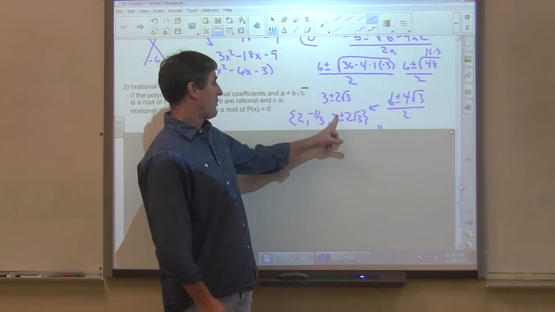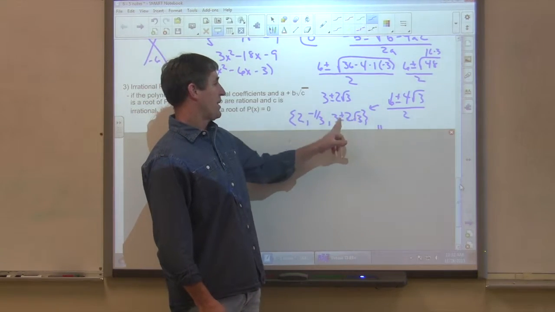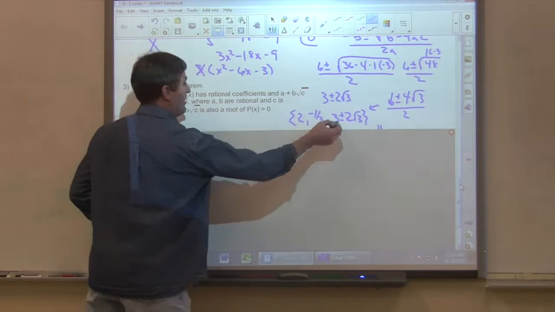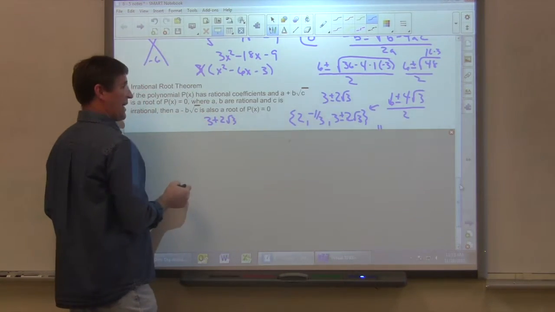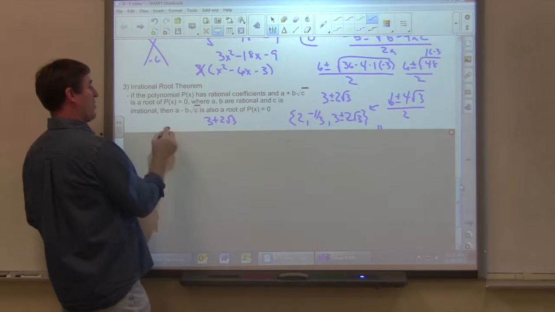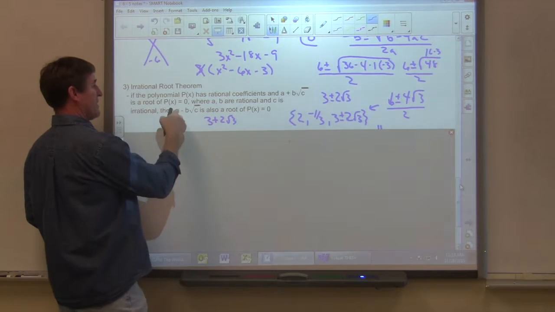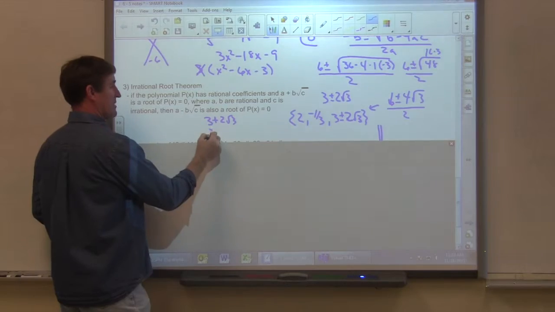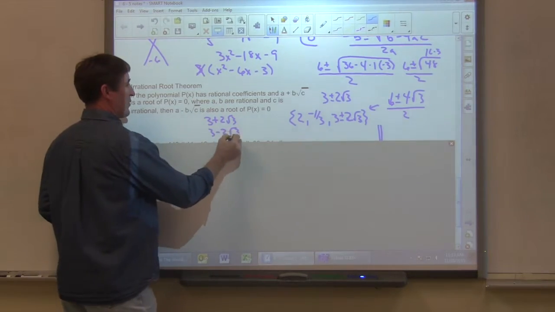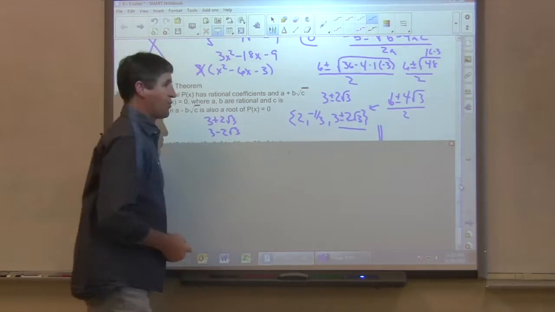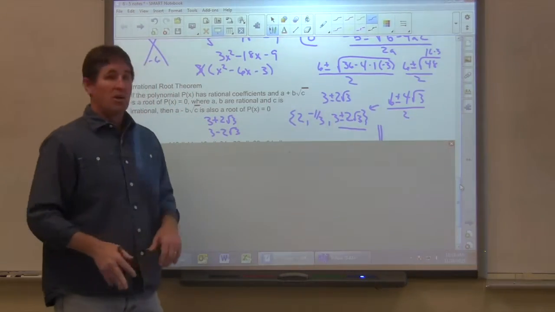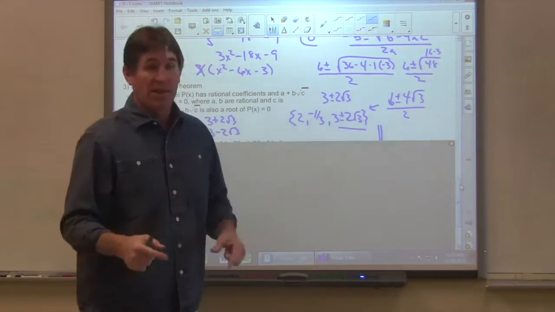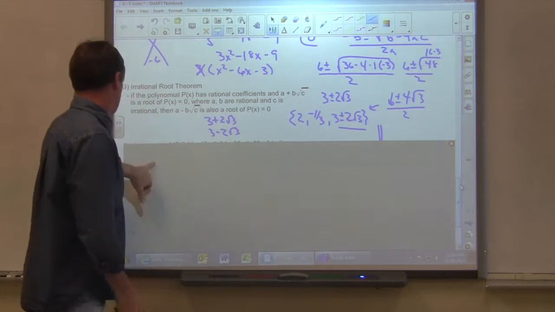Because we have 3 plus 2 square root of 3, this gives me that as one answer, and all this is saying is you also have 3 minus 2 square root of 3. But you can just write it as a plus or minus when you write your solutions. So, it is a long process. You have to be careful as you go.